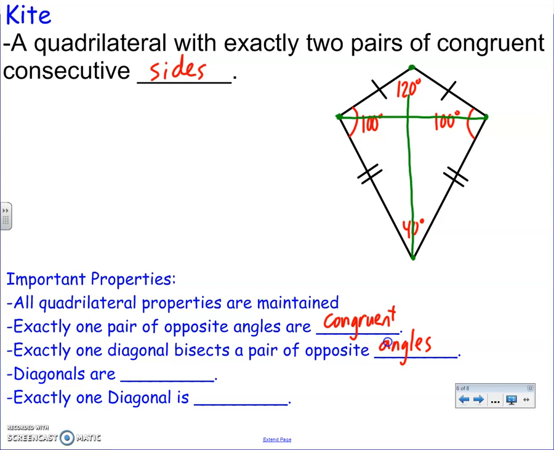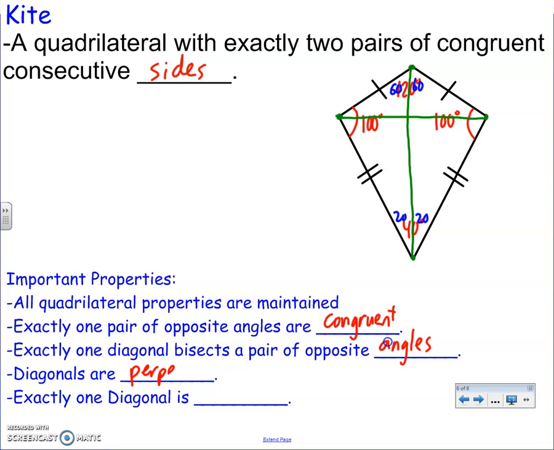If you look at these 2 diagonals, notice only 1 pair cuts angles in half. So that's the top and bottom one. If this is 120, then these are both 60s. If bottom's 40, these are both 20s. Now, unfortunately, for the left right angle, those hundreds, those are not 50 and 50. Those are different angles.